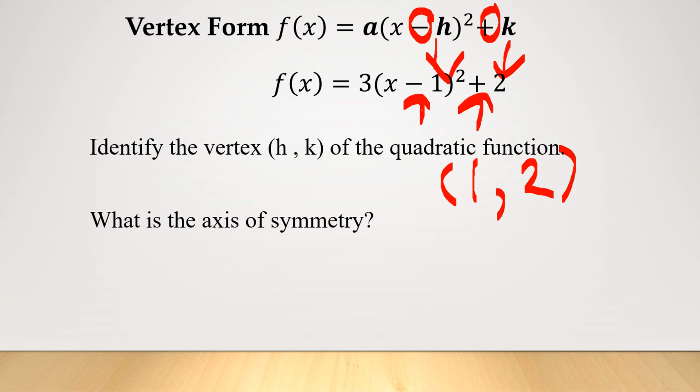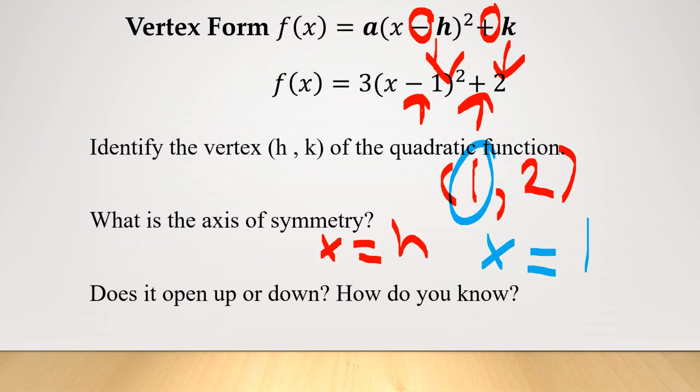The axis of symmetry is a line that divides the parabola into 2 equal pieces. So therefore, my axis of symmetry is written in the form x is equal to h. H is the x coordinate of my vertex, which is 1. So therefore, my axis of symmetry is x is equal to 1.